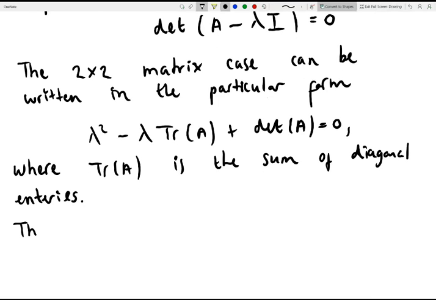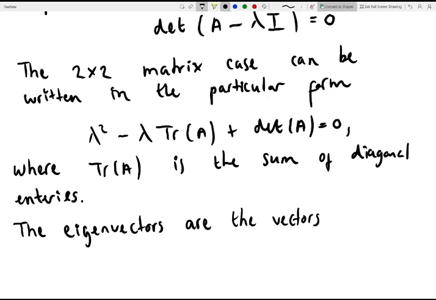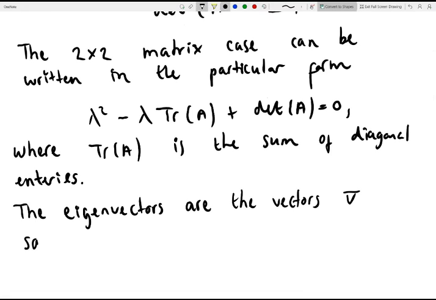And the eigenvectors are the vectors V satisfying the following.